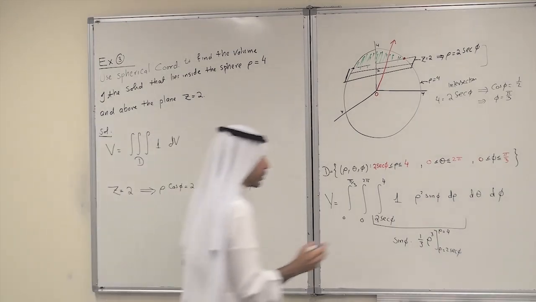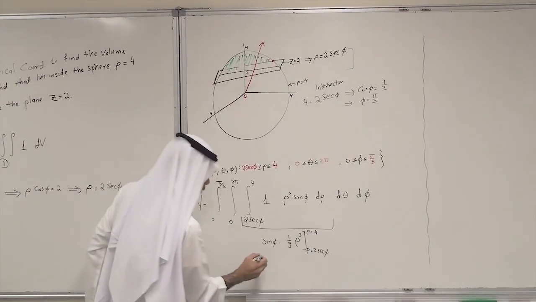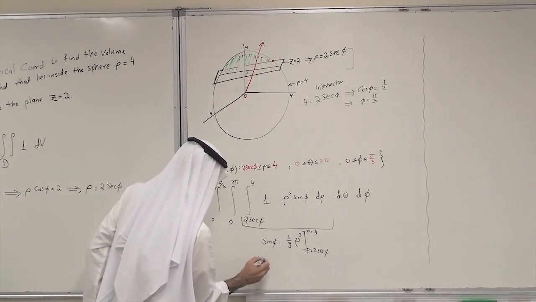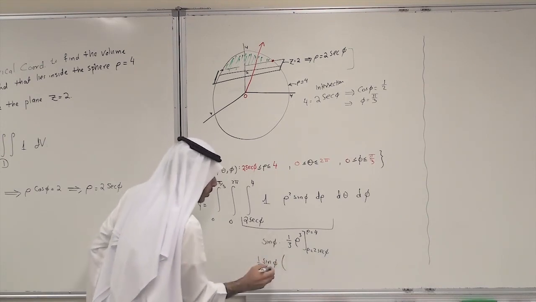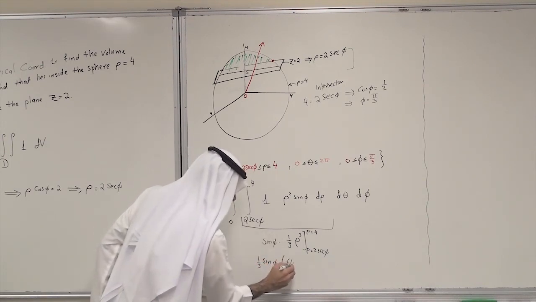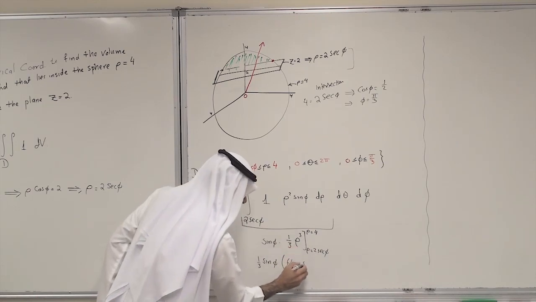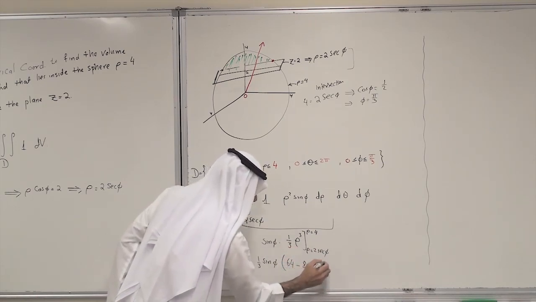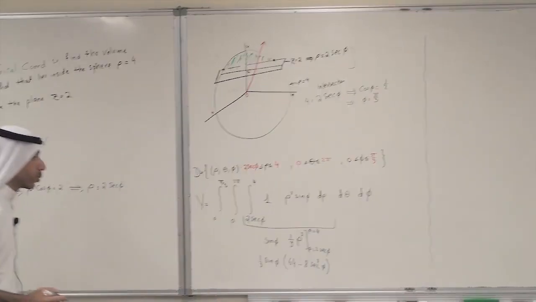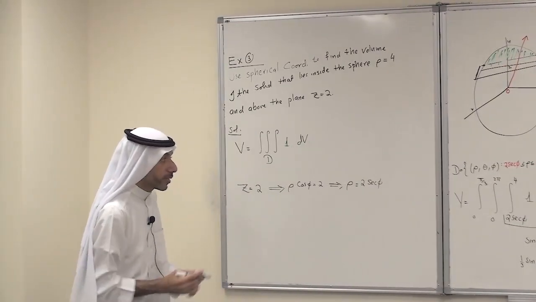Substituting, this is 1/3 sine phi times 4 cubed, which is 64, minus 8 secant cubed phi.